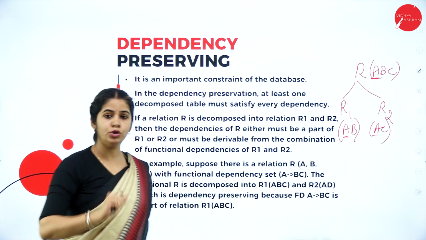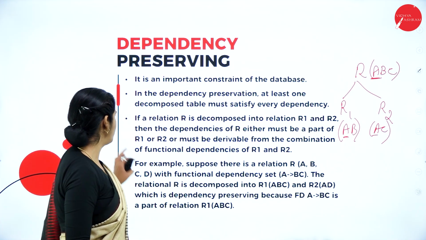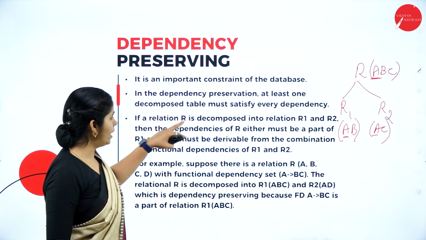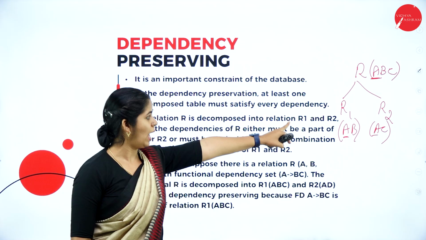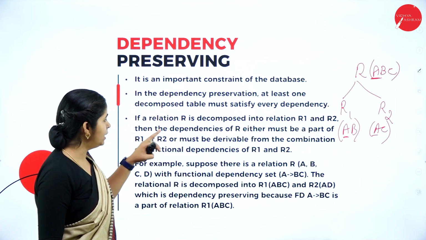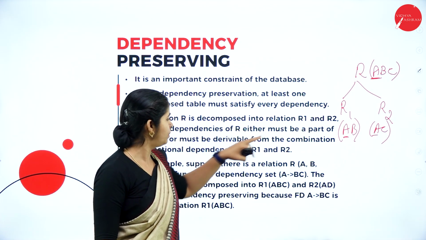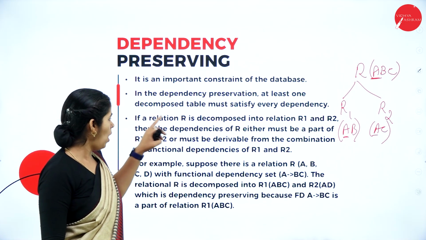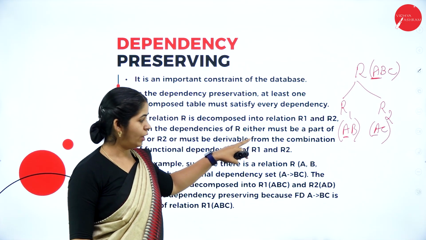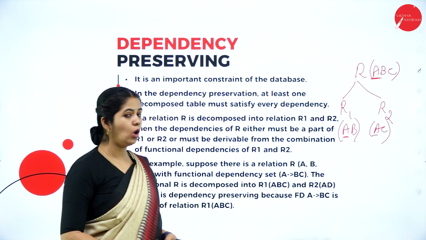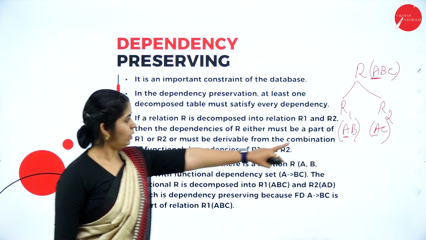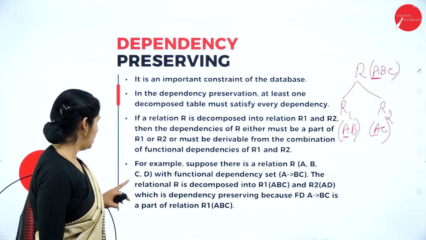Either one table should have the dependent attribute. If a relation R is decomposed into relations R1 and R2, then the dependency of R either must be part of R1 or part of R2, or derivable from the combination. That is what we have explained in this diagram.